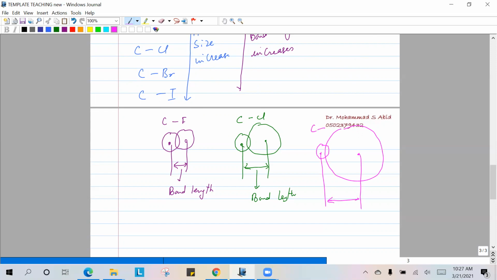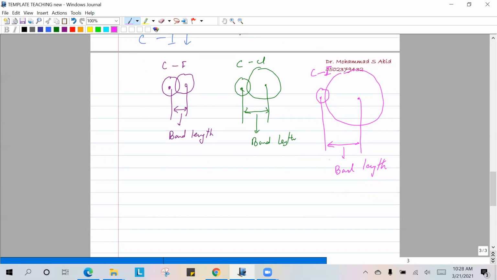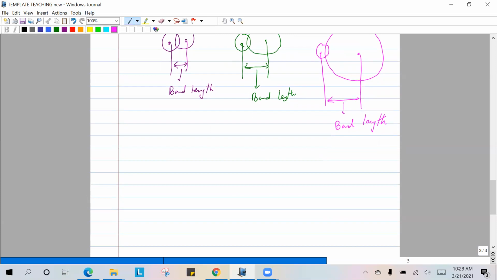So the bond lengths are increasing. The order of bond length is CF is the smallest, then CCl, then CBr, and then CI, which has the maximum bond length.